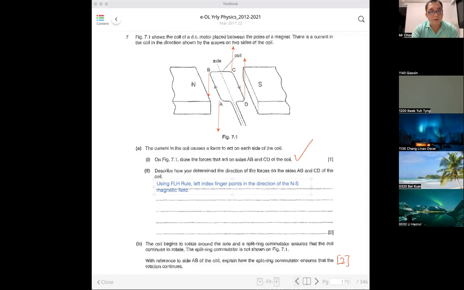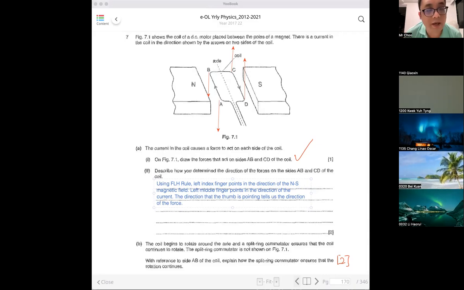Okay, the left middle finger points in the direction of the current. So the direction that the thumb is pointing tells us the direction of the force. Okay, this one I did not ask you to write because I think by now you all should know. Now do part B.